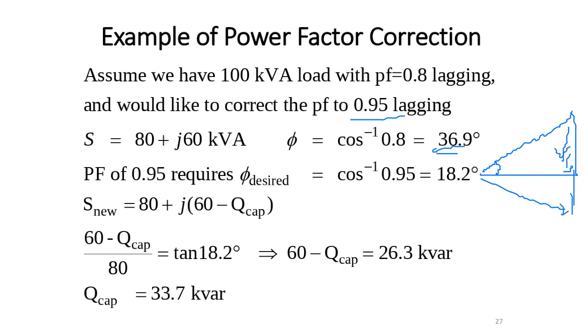So it becomes leading reactive power, because we decrease the angle until it goes down to here. Then this angle becomes on this part here, and therefore it becomes a leading power factor.